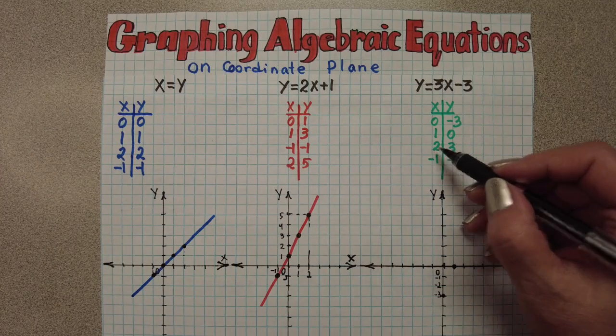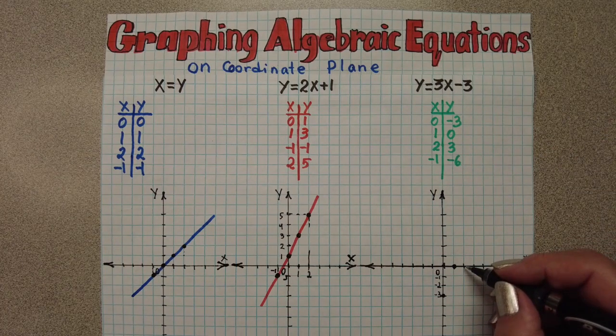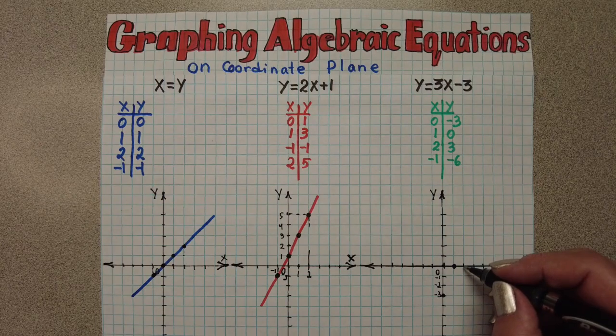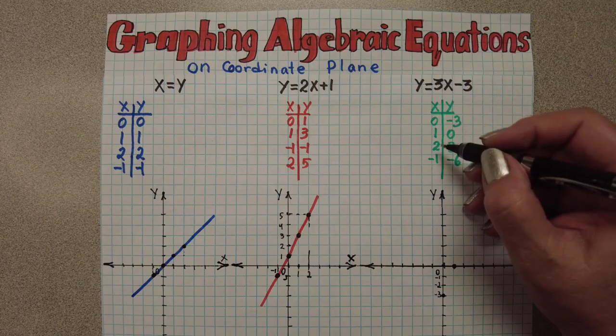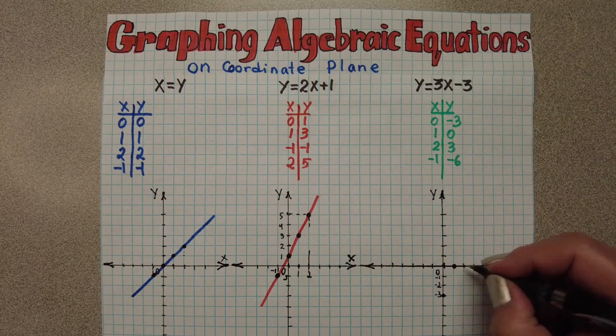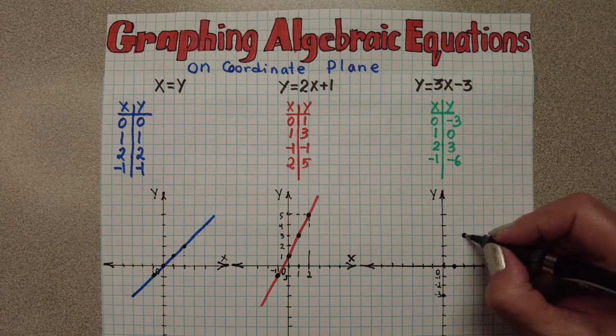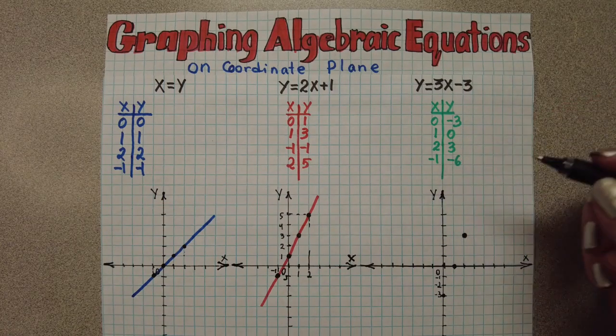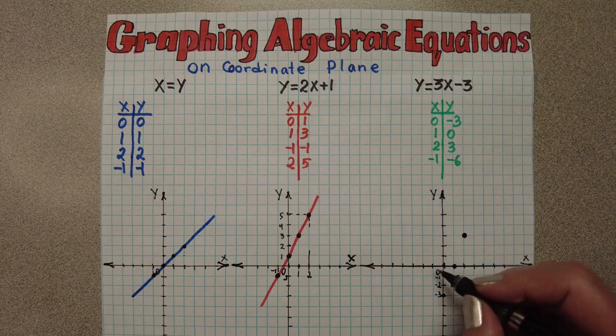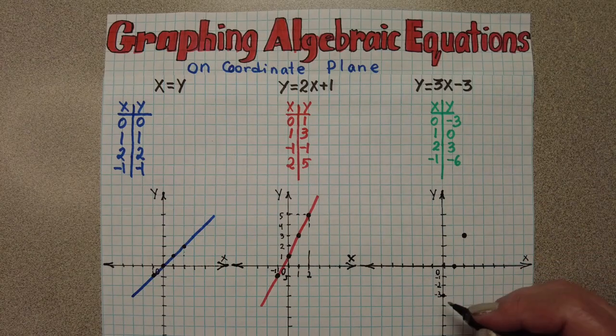Next one is 2. X is 2. Y is positive 3, sorry. X is 2, y is positive 3. 1, 2, 3. Next point will be here. And the last one, x is negative 1. Y will be negative 6.